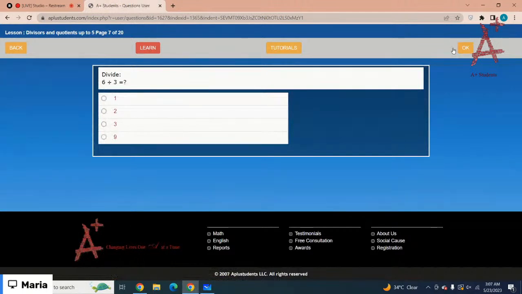You have to count the table of 3 until you get the answer 6. Which is the correct option? Yes, 3 times 2 is 6. So the correct option is 2.